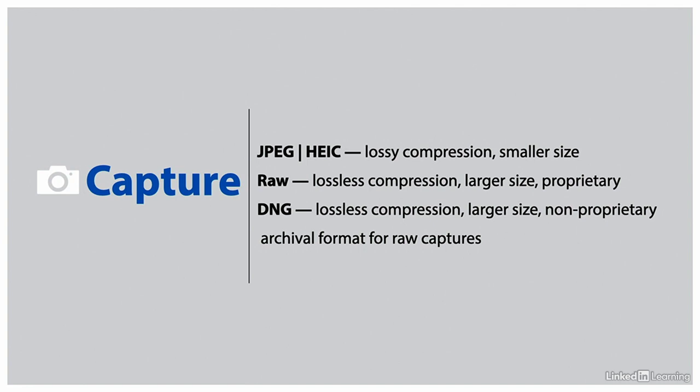So, the primary issue is that these file formats that use lossy compression have significantly less flexibility when making adjustments, such as changing colors and tone and contrast in Photoshop.